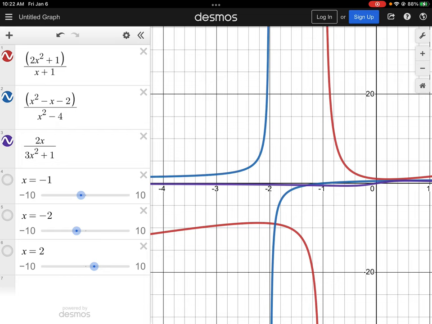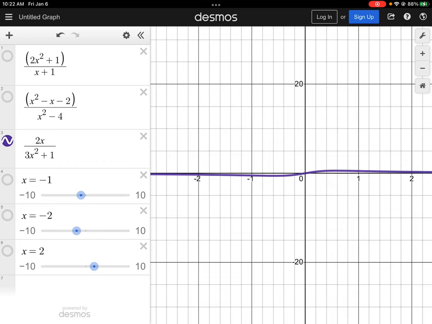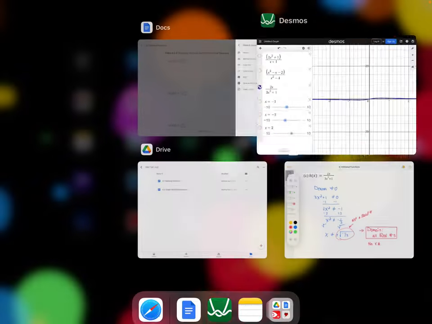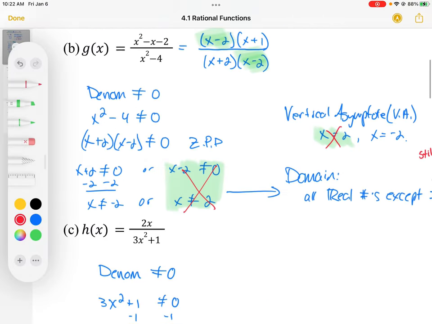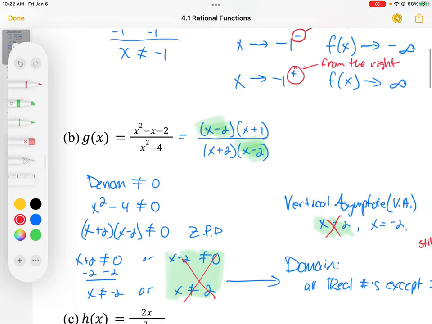So the other two functions that have vertical asymptotes, they both look a lot different than this purple one on the screen here.